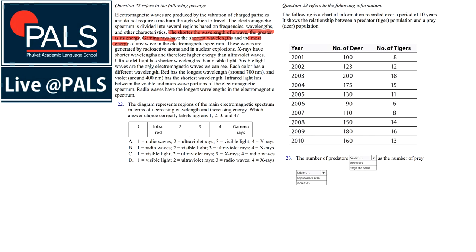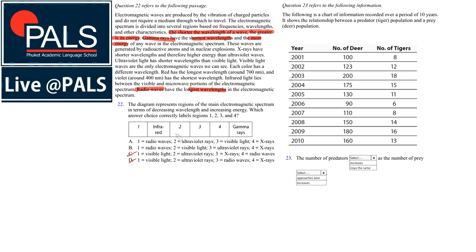So yeah, this is just figuring out an order here, in this bit chaotic way that this is written. So radio waves have the longest wavelength, which means one must be radio, and therefore we can immediately exclude C and D. So it's either A or B. Then comes infrared, and then we've learned comes the visible light, going from red to violet.